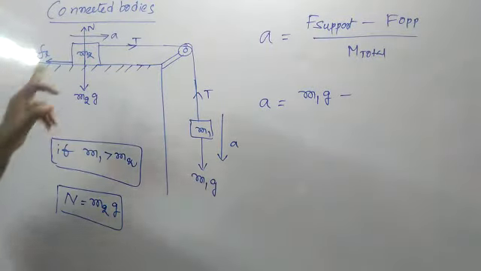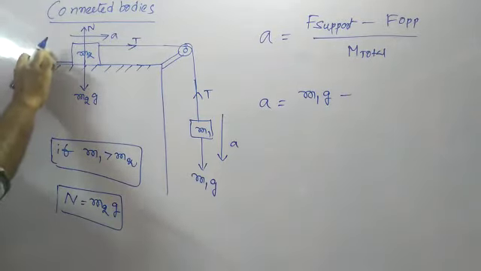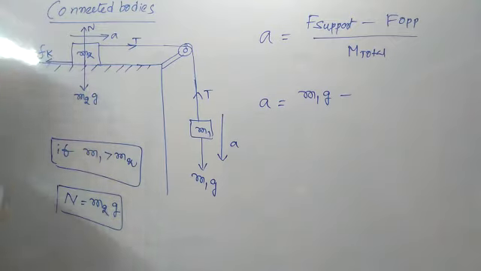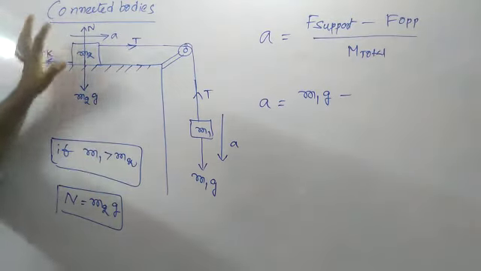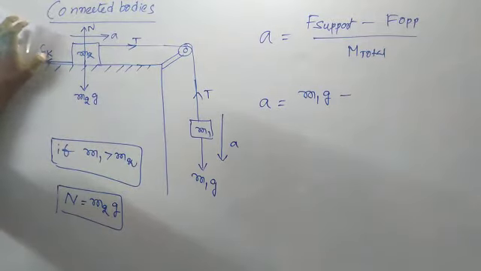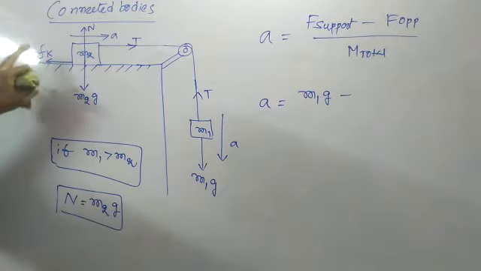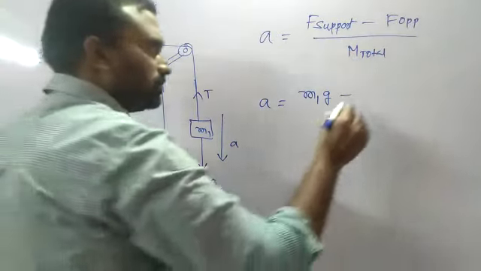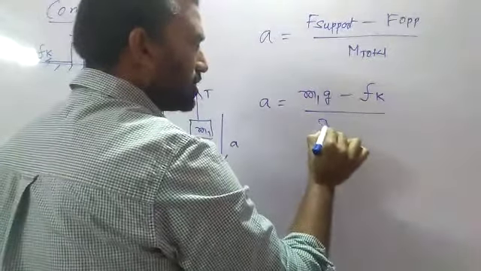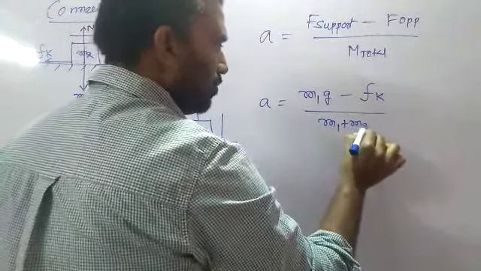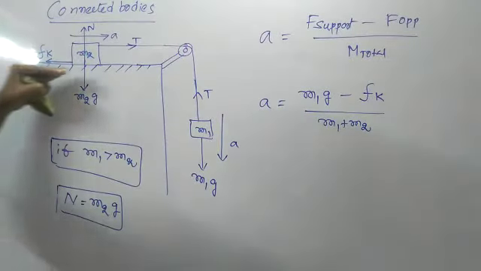Which force opposes the motion? Here there is kinetic friction. Once the block is in motion, friction becomes kinetic friction, and Fk opposes the motion. Total mass of the system is M1 plus M2.